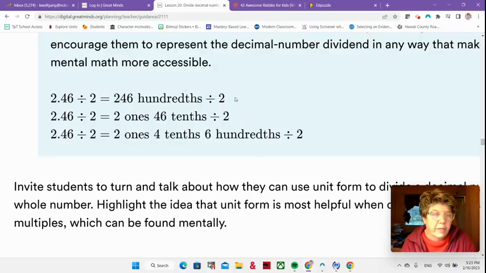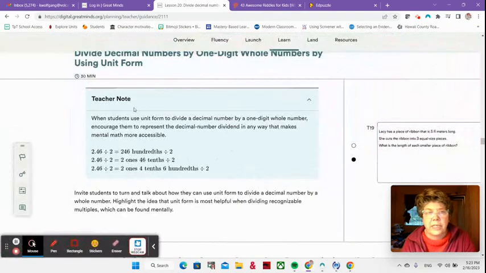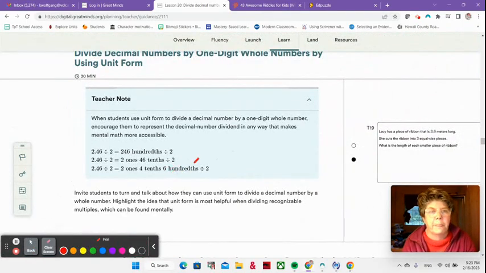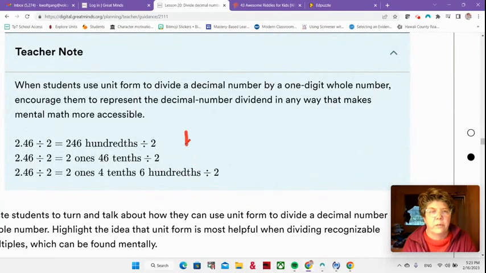Okay, we could think about, right? 2 divided by 2 is 1, 4 divided by 2 is 2, 6 divided by 2 is 3. So that would be 123 hundredths. And we'll talk about putting that in standard form later, but 123 hundredths.